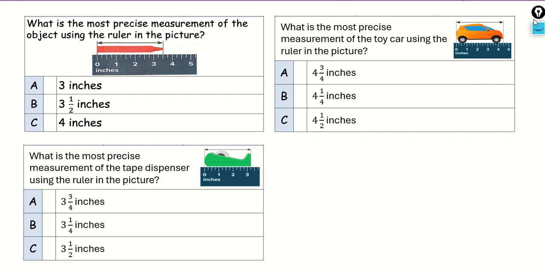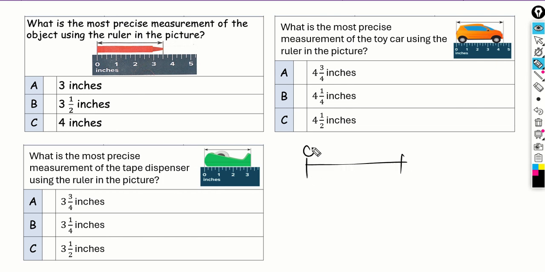Now the next type is you have to find the inches. You remember in the classroom we discussed that in 1 inch, from 0 to 1, if you are making 4 parts, the first part is 1 over 4, second part is 1 over 2, third part is 3 over 4, and that's it.